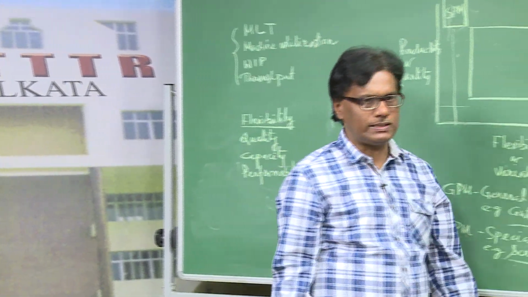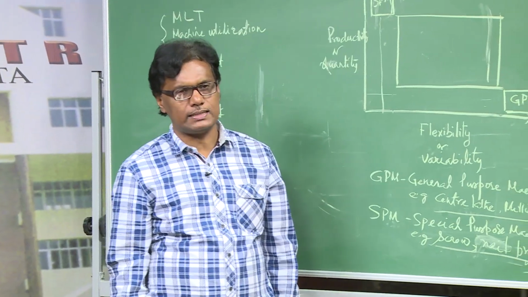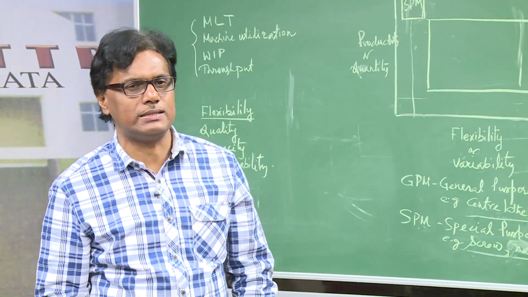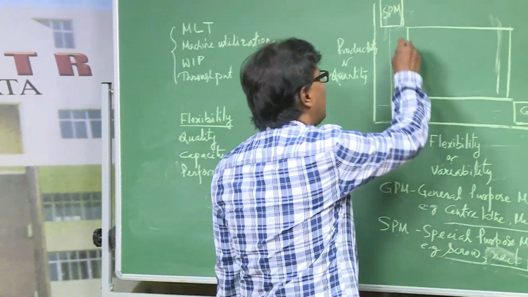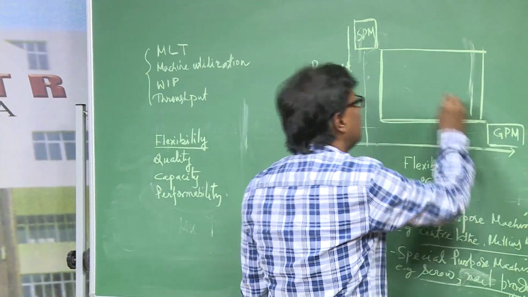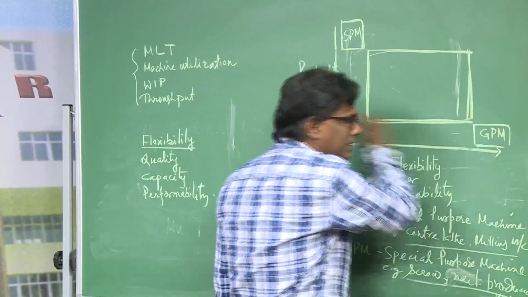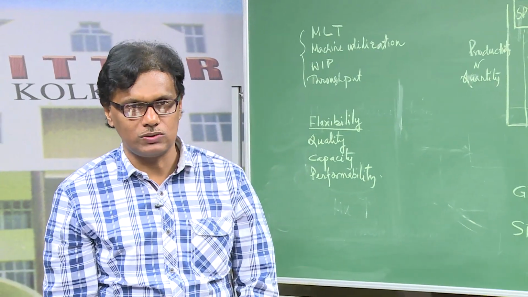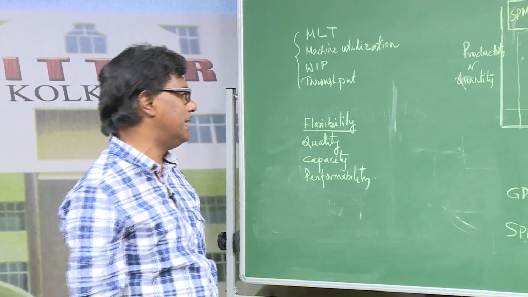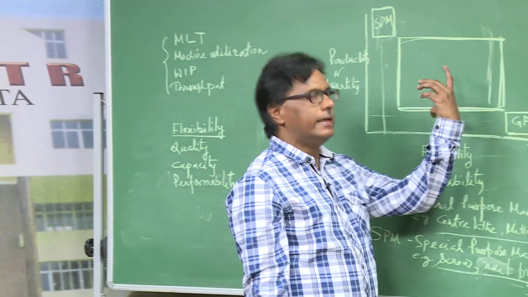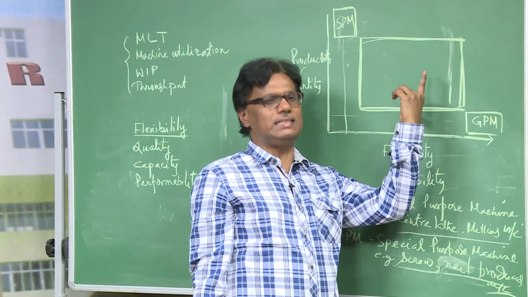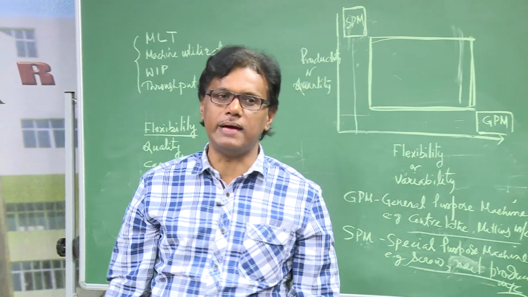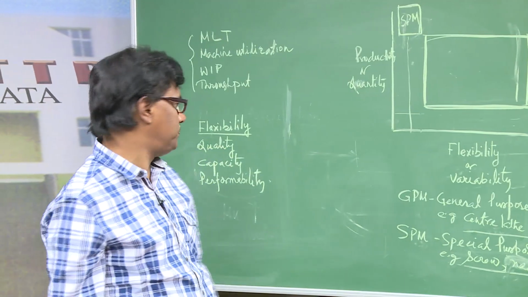Any automated manufacturing system like flexible manufacturing system, computer integrated manufacturing system comes under this category, where some flexibility and some productivity is compromised. So, any automated manufacturing system is basically a mid volume, mid variety manufacturing system.